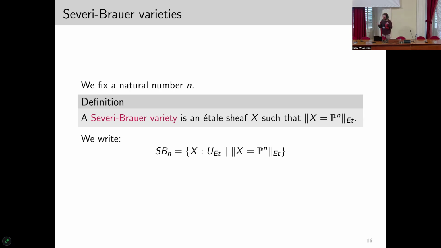So here, at least intuitively, we see there's something similar to the separable closure happening, in the sense that a Severi-Brauer variety in this sense is something that we can prove is a projective space, assuming some roots of unramifiable polynomials. And I just write SBn for the type of Severi-Brauer varieties, as indicated here.